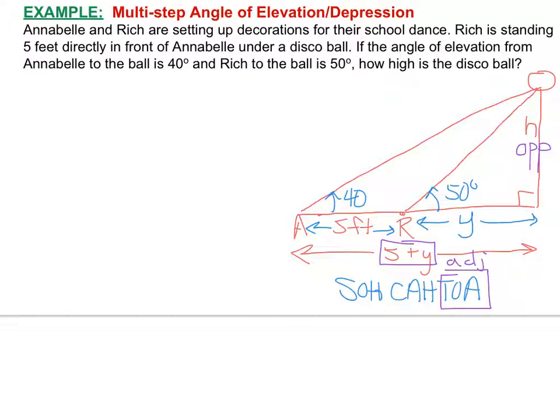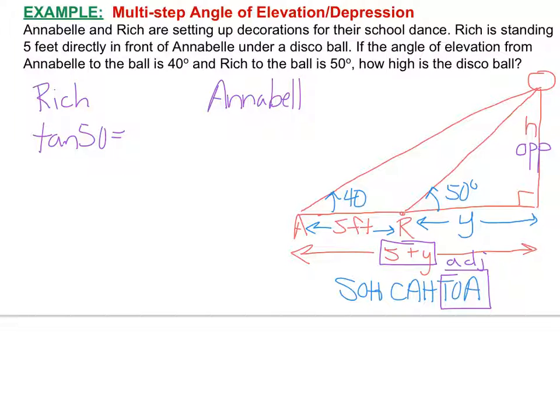So we're going to set up two equations right now. One for Rich, and one for Annabelle. So for Rich, we're going to use tangent, and his angle is 50.